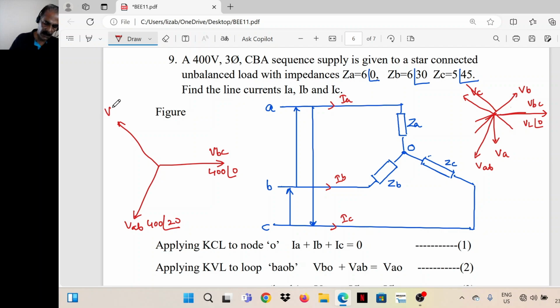This is VCA. That means 400 angle 120. These are the line voltages. So I took VA, VC, VB, then found out the line voltages AB, BC, and CA.